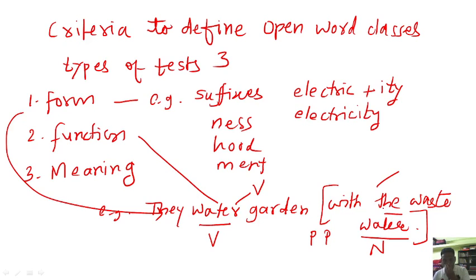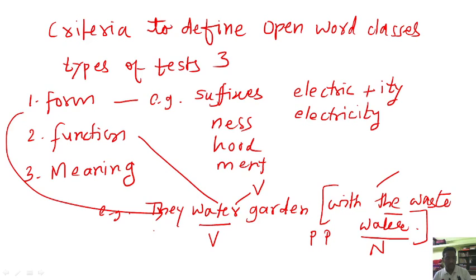So you can understand that though sometimes the form may look similar, you can identify the word class using the criteria of function.